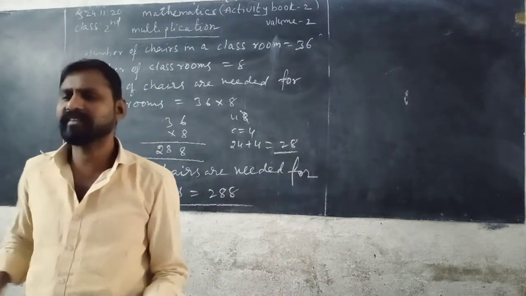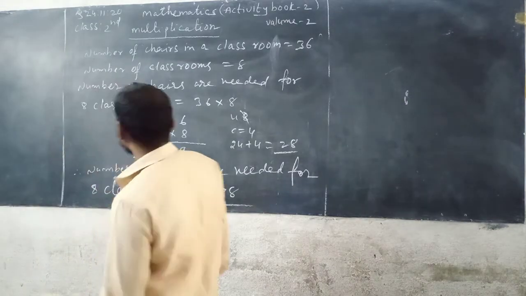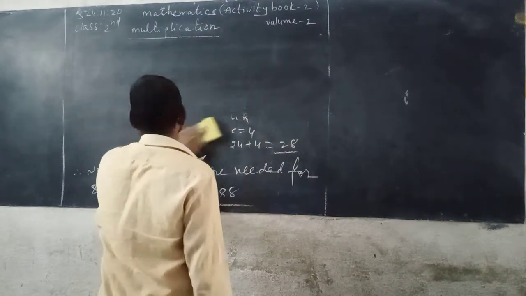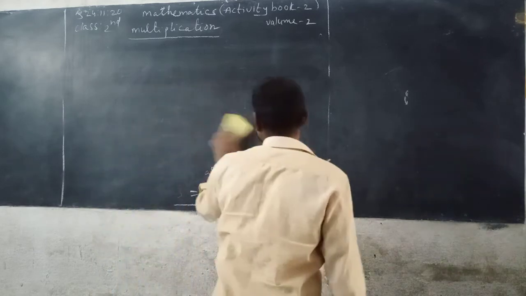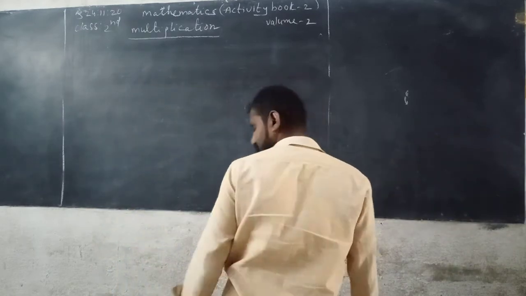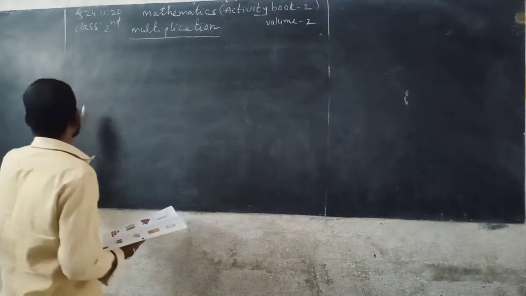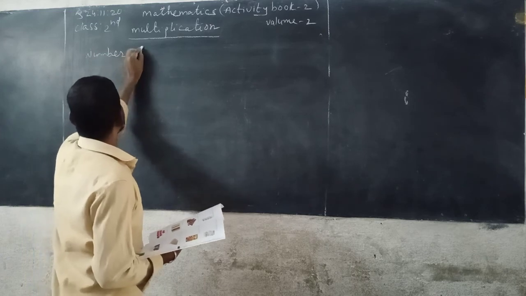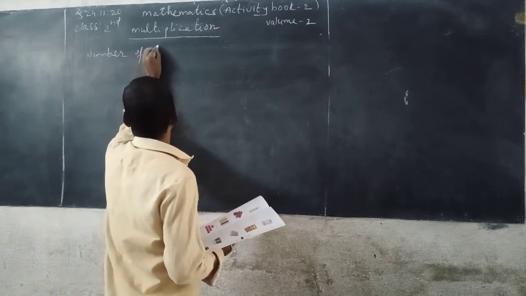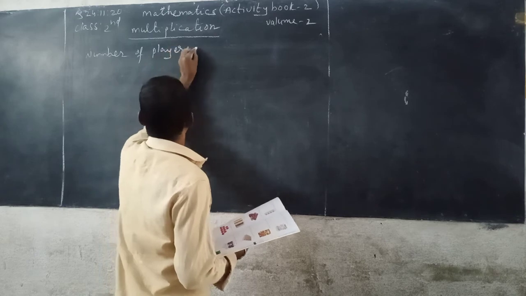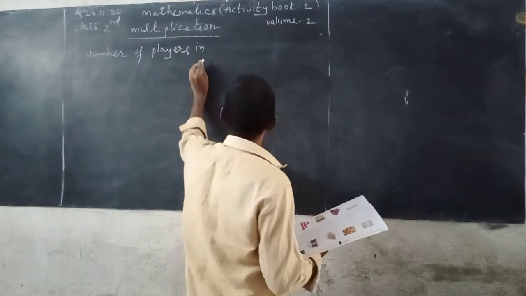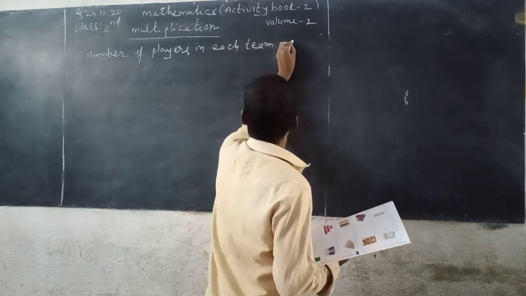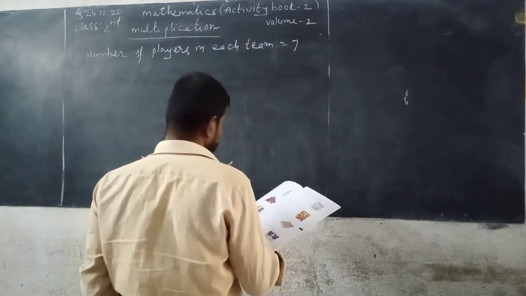Very simple. 7 sevens are 49 players. Number of players in each team is 7.